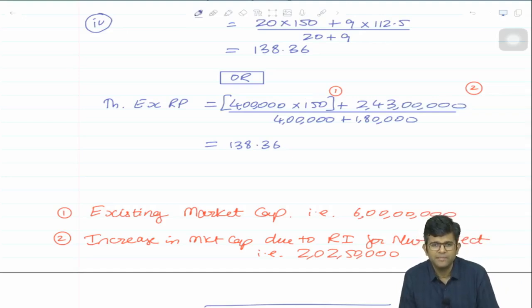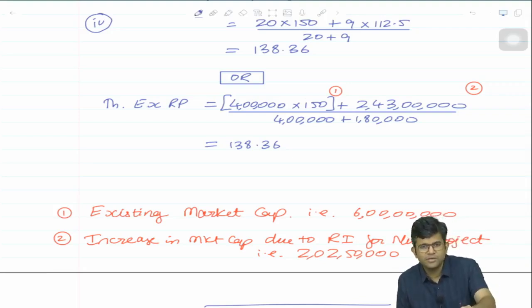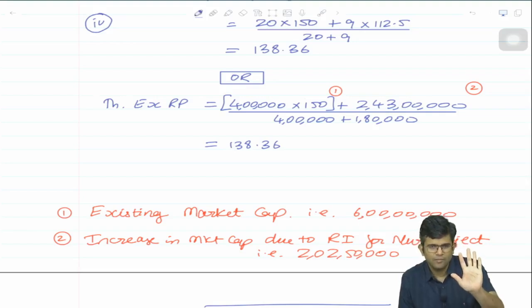Everyone, are you all there? The valuation is the present value of cash inflows. Cash inflows present value is 2 crore 43, not 2 crore 2 lakh 50,000. 2 crore 2 lakh 50,000 was the investment value.